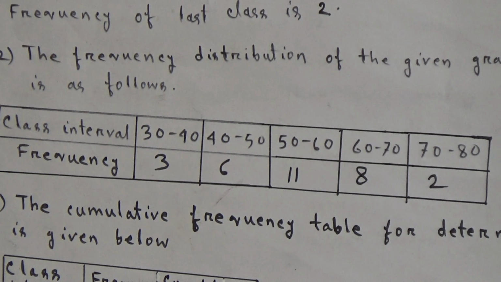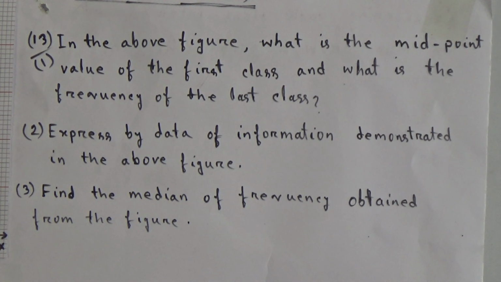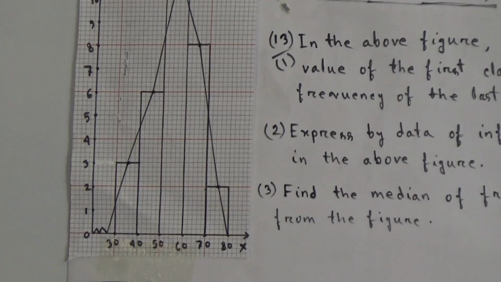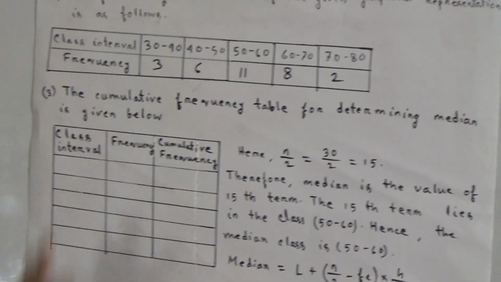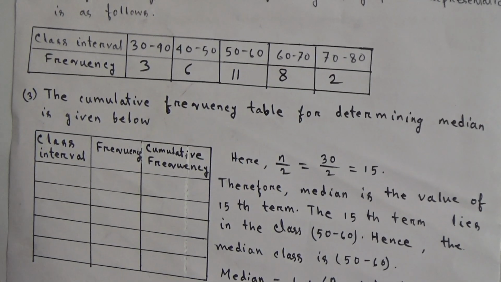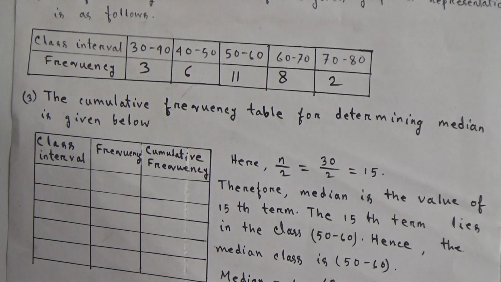Now three number. Question is: find the median of frequency obtained from the figure. We have to find out the median of the given data. In two number, we have converted this graphical representation into tabular form. Now from the tabular form we have to find out the median. At first we'll fill up the class interval. It will be the same as two number.